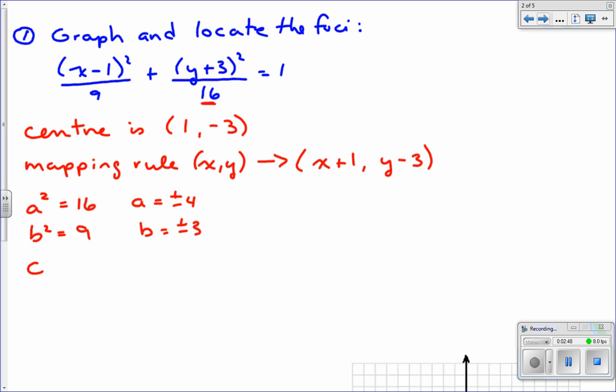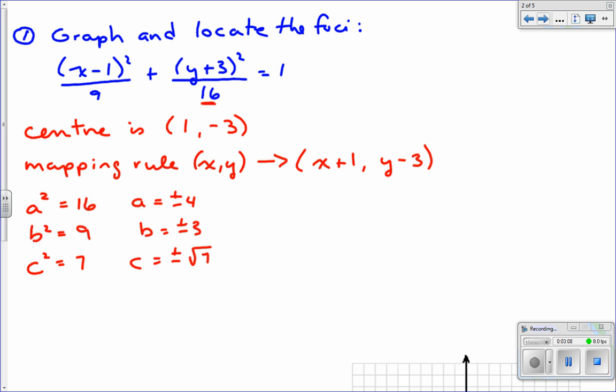And let's calculate c right away. So c squared, remember, is a squared minus b squared. So it'll be 7. So c is equal to plus and minus root 7, which is approximately 2.6 when it comes to graphing those points.